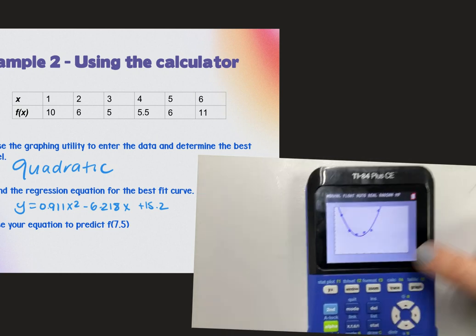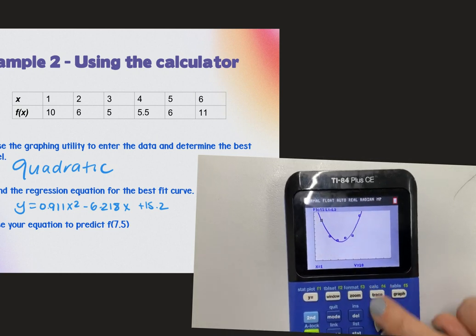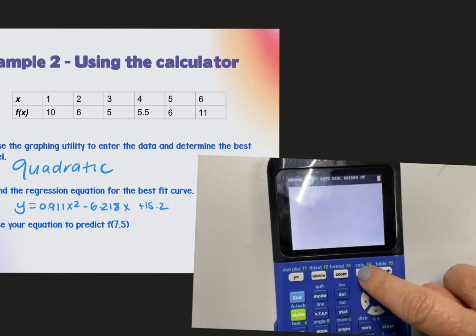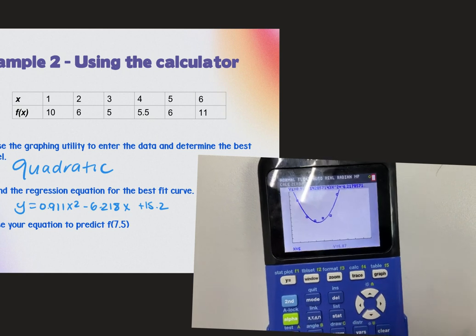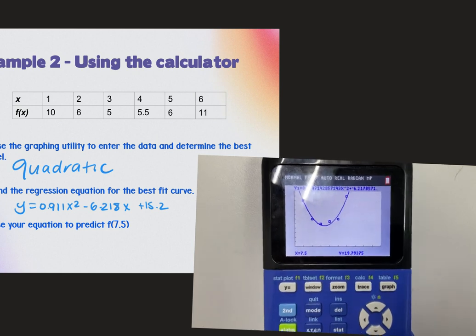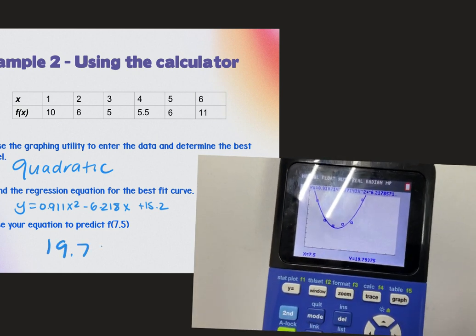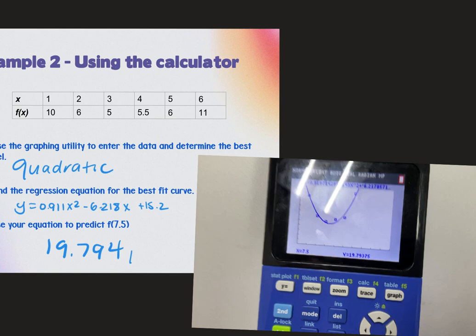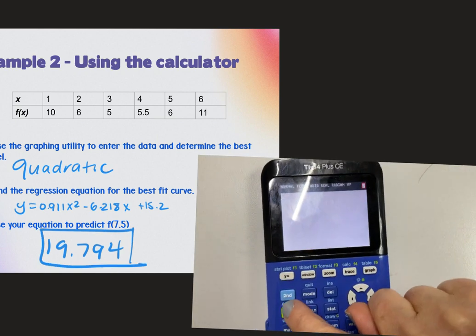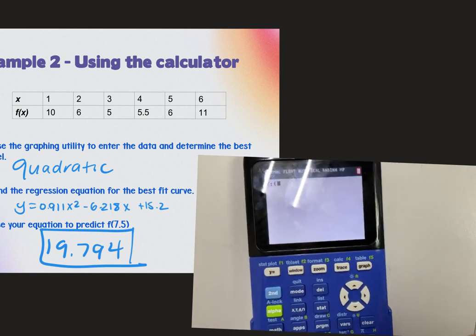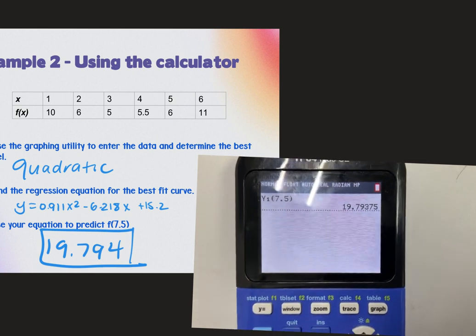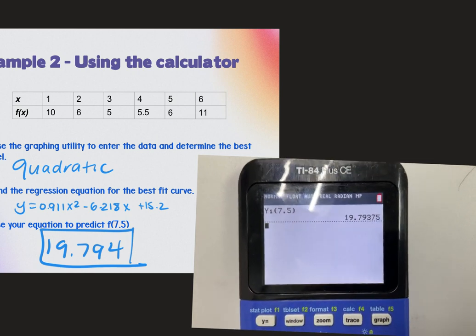I can go to trace and do 7.5. Ah, wait, sorry. I can go to calc value, 7.5 and hit enter. And it gives me 19.7937, so 19.794. Or I could go back to my home screen and I can do Y1 of 7.5. So there's a couple different ways to do it. You want to know at least one way of those?